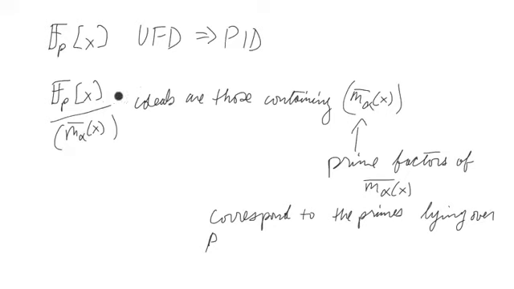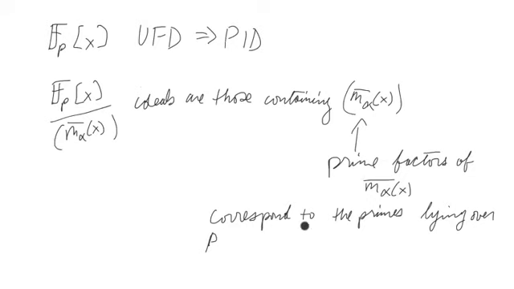But let's look at it this way. The ideals in this quotient ring are precisely those that contain this polynomial. So the ideals in here correspond to the ideals in O_K that lie over p itself. Over here, we're looking at ideals that contain this polynomial, which, because this is a unique factorization domain and a PID, amounts to looking at the irreducible factors of this polynomial itself.